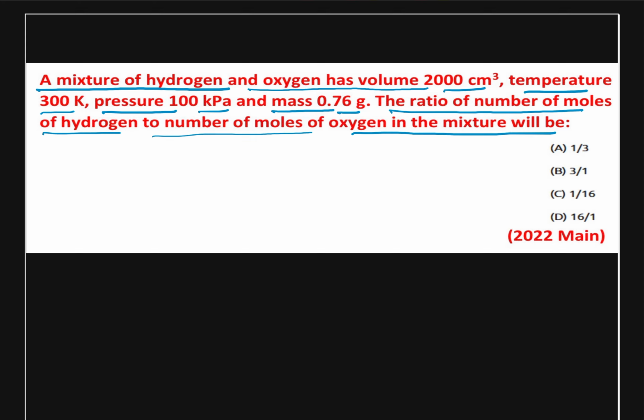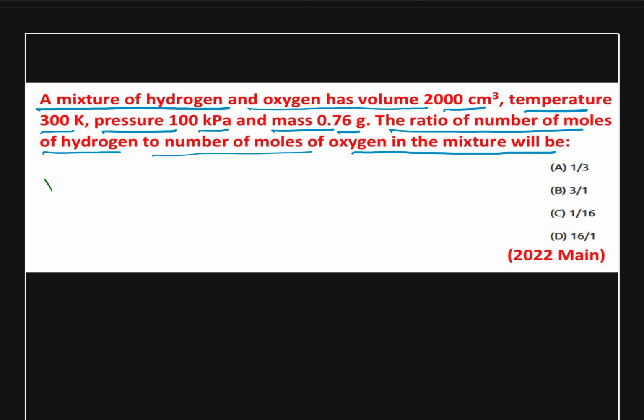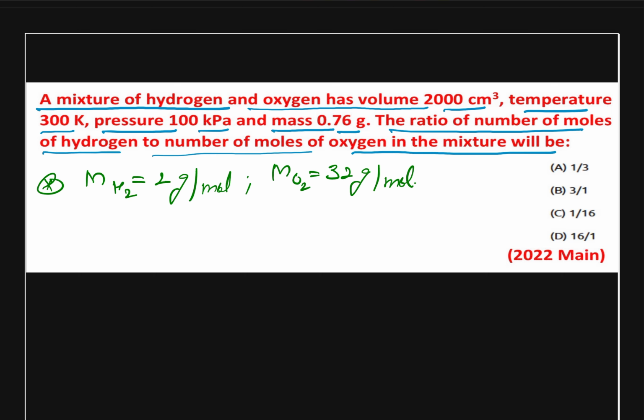So we have to find their mole ratio, and for that we can use the ideal gas equation. We know the molar mass of hydrogen is 2 gram per mole, and the molar mass of oxygen is 32 gram per mole.